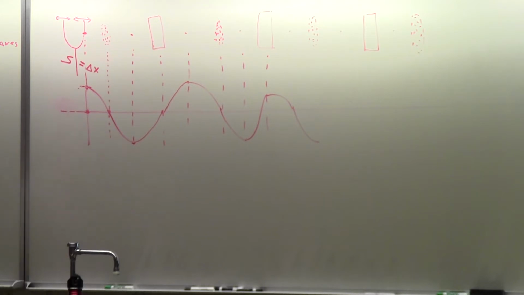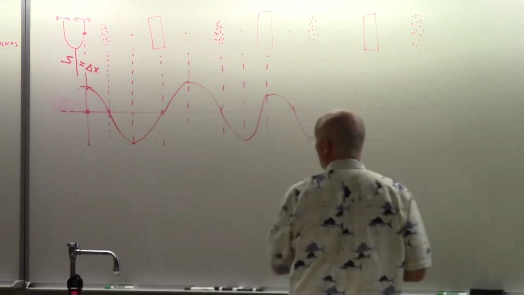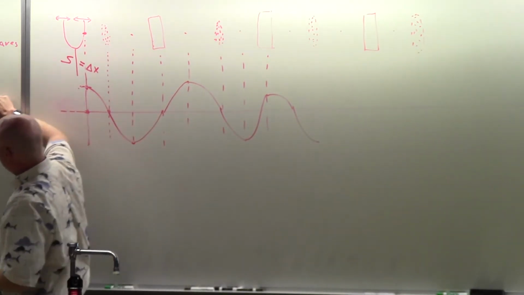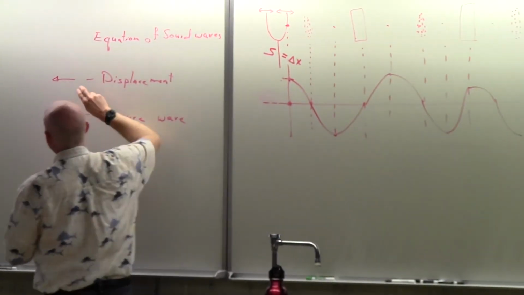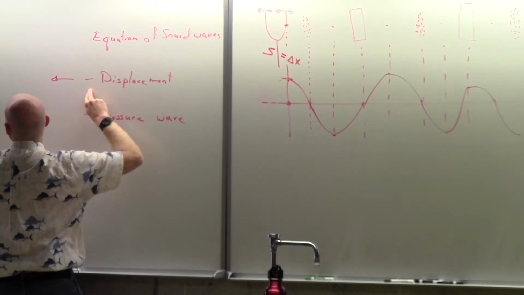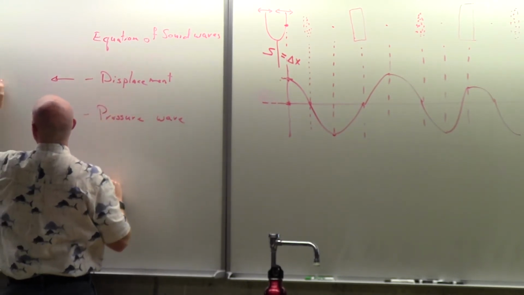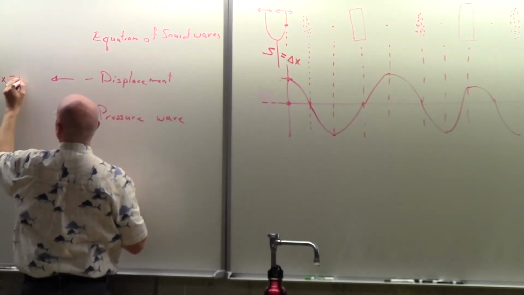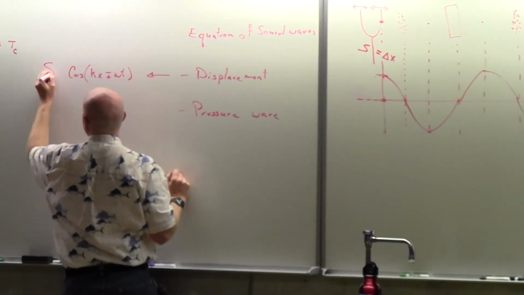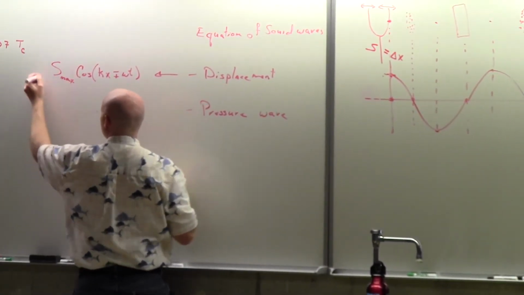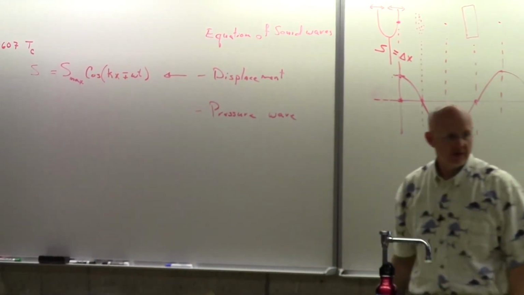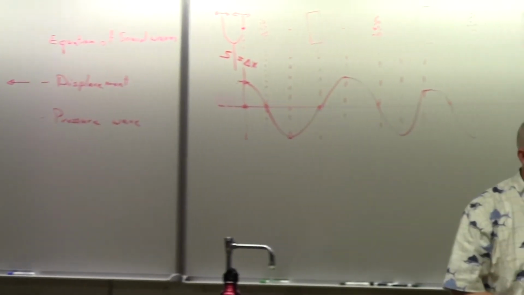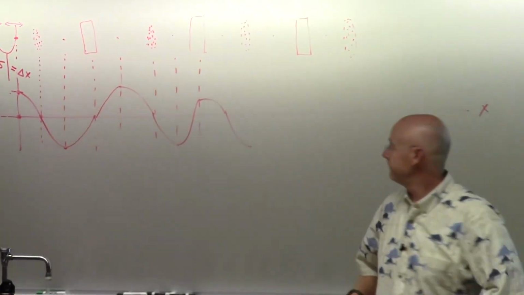But what I am trying to say then is if I wanted to mathematically describe this wave, I would be saying cosine of kx minus or plus omega t, times some maximum displacement, which is the displacement of those waves. Fair enough?